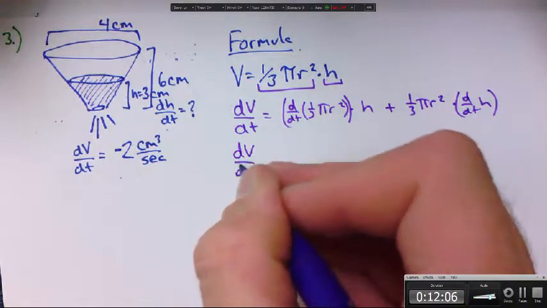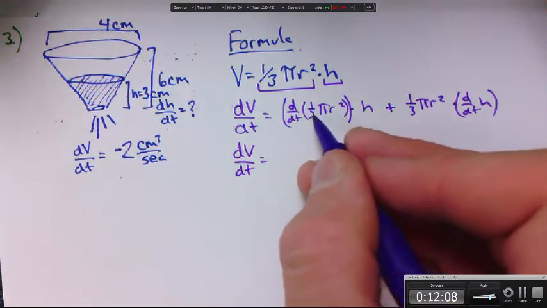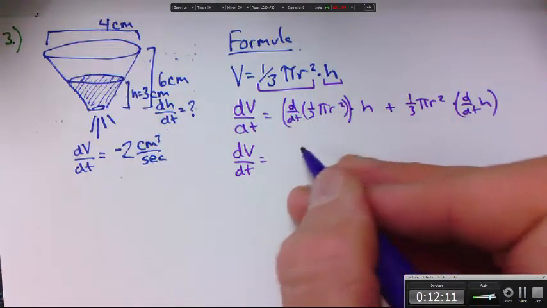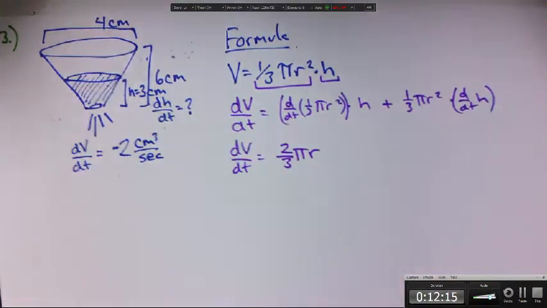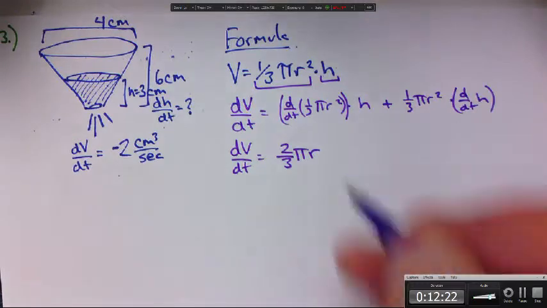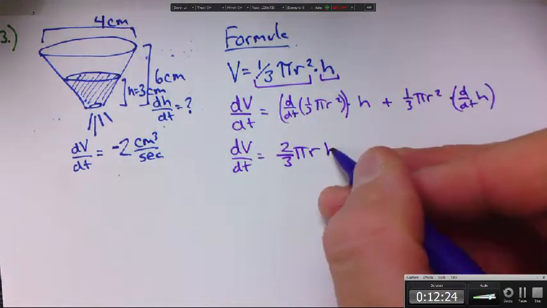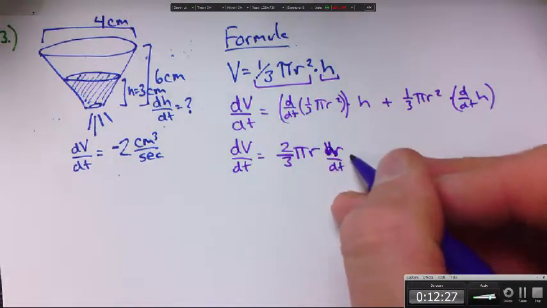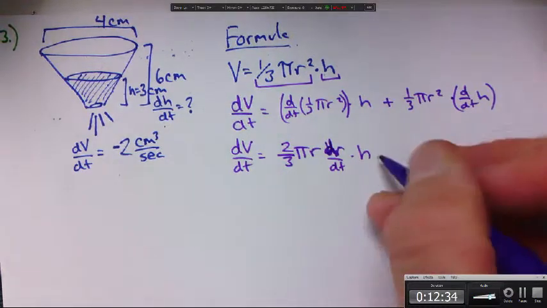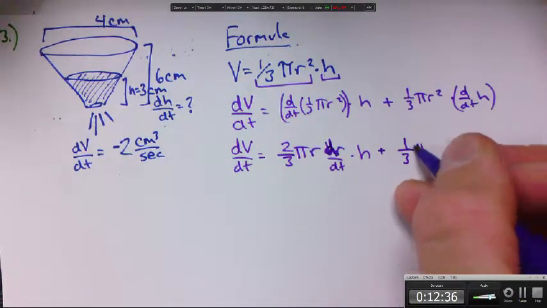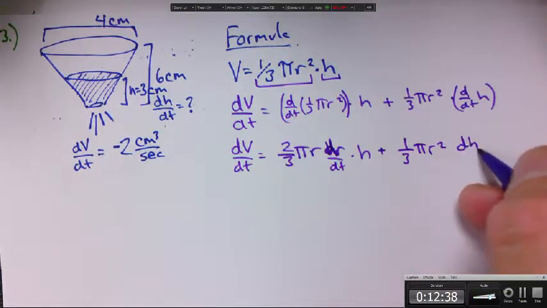So we get dV dt is equal to the derivative of 1/3 pi r squared is 2/3 pi r, because the 2 would get brought down, making the power 1, and the 2 and the 1/3 would turn into 2/3. dr dt. 2/3 pi r dr dt times h plus 1/3 pi r squared dh dt.